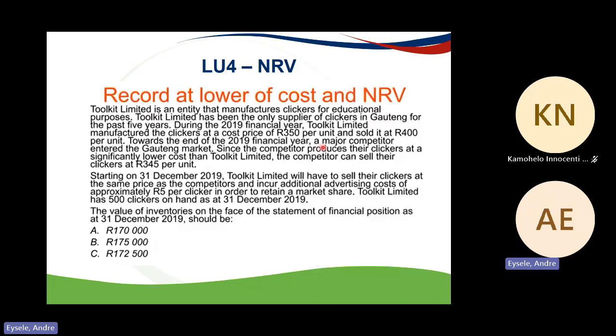Towards the end of the 2019 financial year, a major competitor entered the Gauteng market. Since the competitor produces their clickers at a significantly lower cost than Toolkit, the competitor can sell their clickers at 345 Rand per unit. Starting on 31st December 2019, Toolkit Limited will have to sell their clickers at the same price as the competitor and incur additional advertising cost of approximately 5 Rand per clicker.